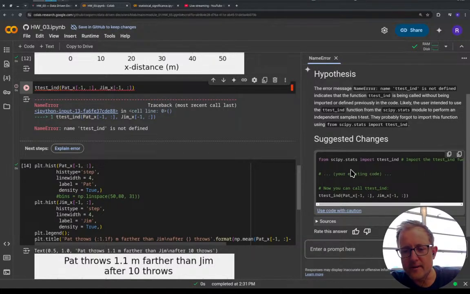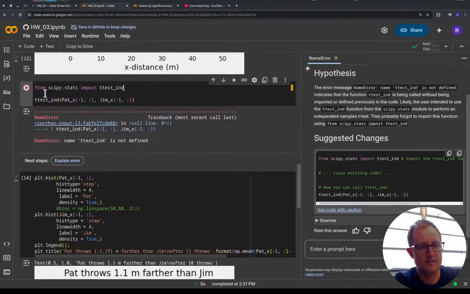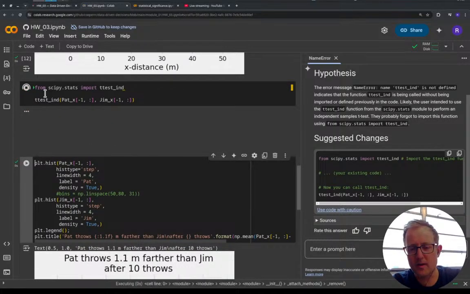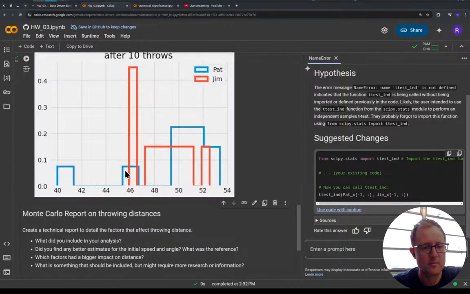Oh, cool. So it does suggest that, that's pretty useful. It tells you to add that line of code above it. So import it and then run it, and then we get a nice t-stat. Tells us our degrees of freedom, our p-value.